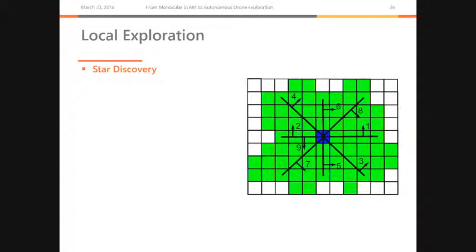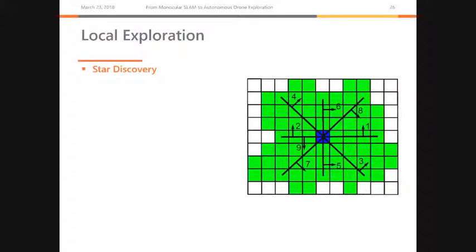In star discovery, let's consider the drone. The center of the drone is here. They calculate these four motions, and all of the angles are predefined. Here they somehow delay the loop closure.